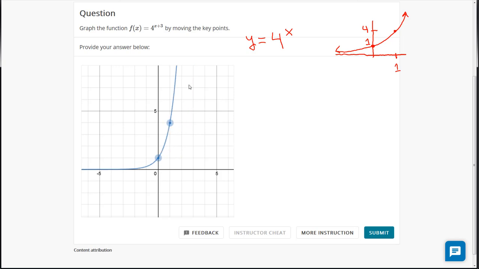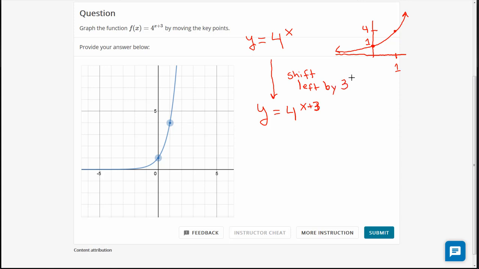But what I just graphed is the graph of 4 to the x, and we want 4 to the x plus 3. If you think about graph transformations, when you replace x by x plus 3, that's going to shift the graph to the left by 3. Sorry, I meant to write a 3 here.